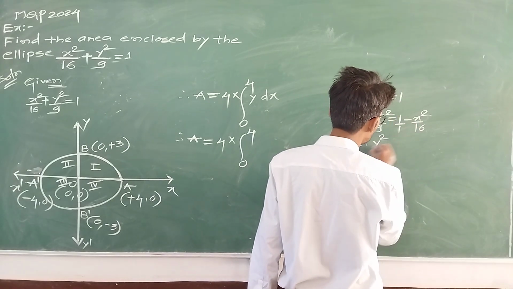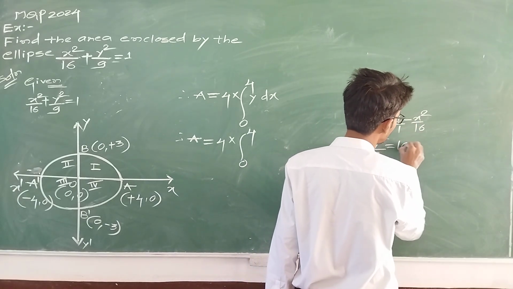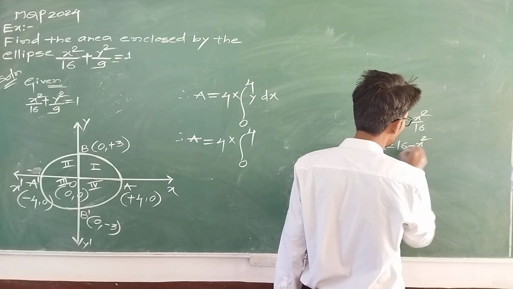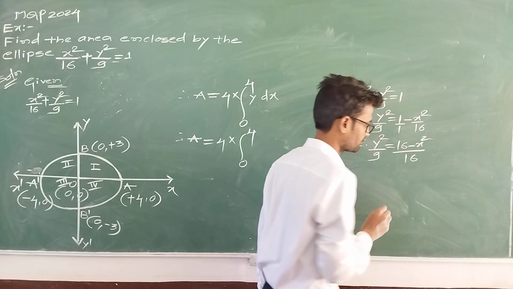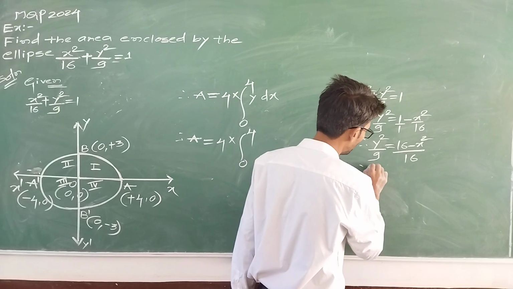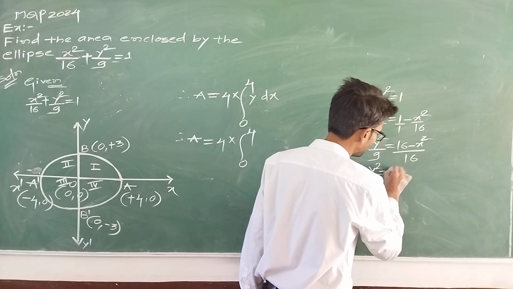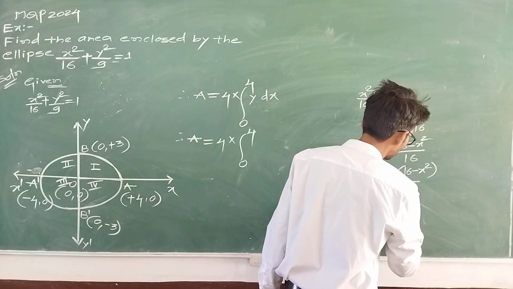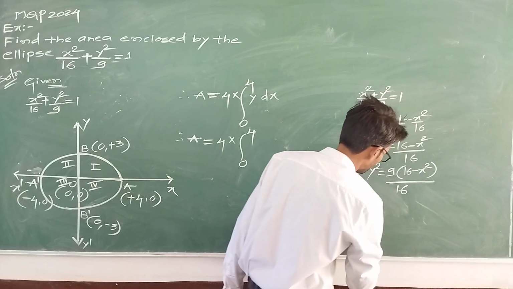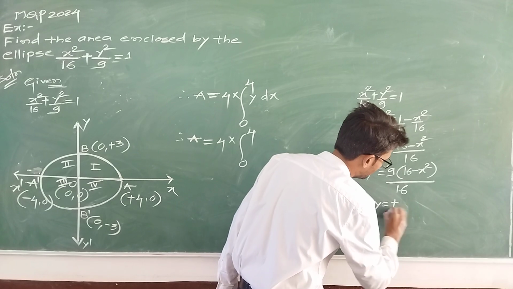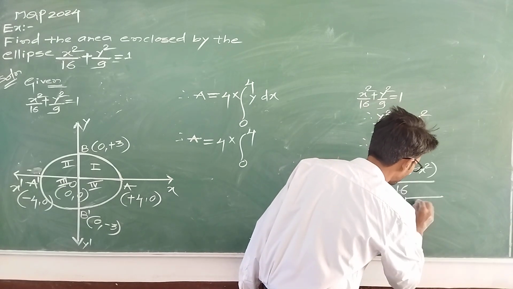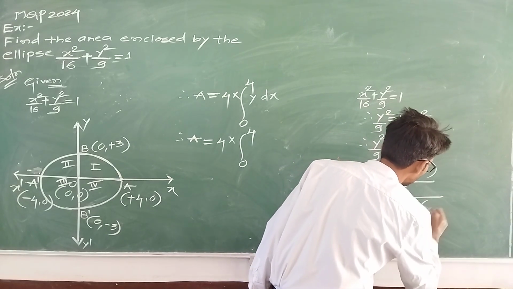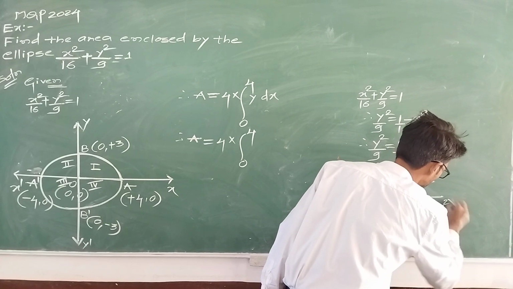So therefore, y squared by 9 is equal to (16 minus x squared) by 16. So therefore, y squared is equal to, you take 9 to this side, 9 into (16 minus x squared) divided by 16. So y equals plus or minus the square root of 9 by 16 into (16 minus x squared).